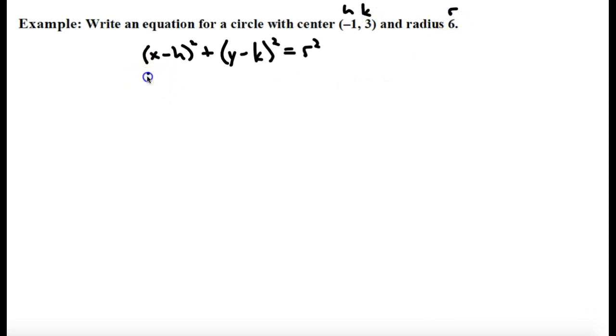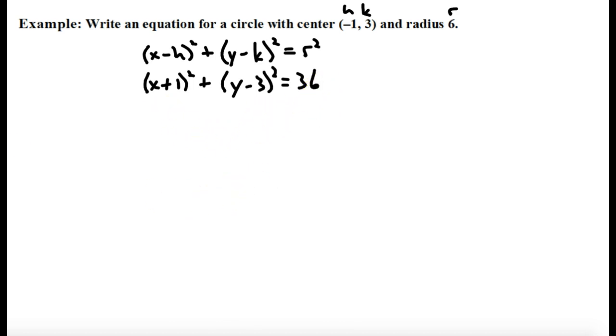So I'm going to have x minus -1, which would actually just end up being (x + 1)^2, then plus (y - 3)^2 equals 6^2, and 6 squared is just 36. So this would be the equation of the circle centered at (-1, 3) with a radius of 6.